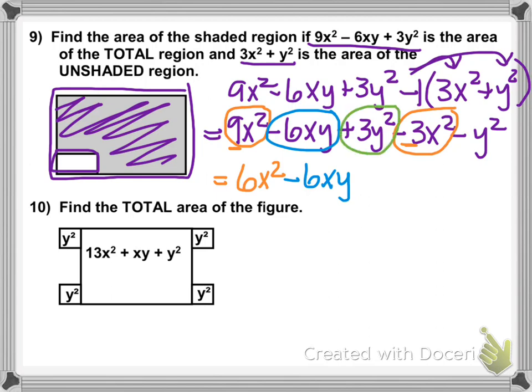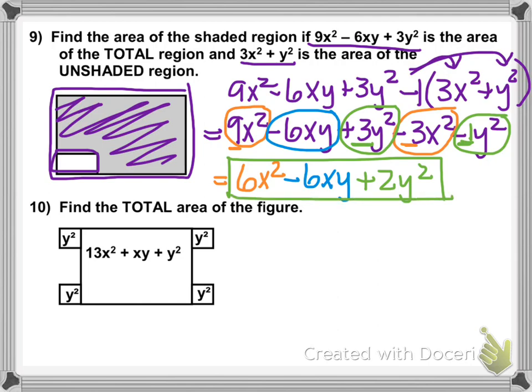I do have another y squared term, and that's this negative 1y squared. So if I combine the 3 and the negative 1 there, we'll get positive 2y squared. So this expression, which is a trinomial because there's 3 terms, and you can see because they're different colors, represents the area of the shaded part of this rectangle.